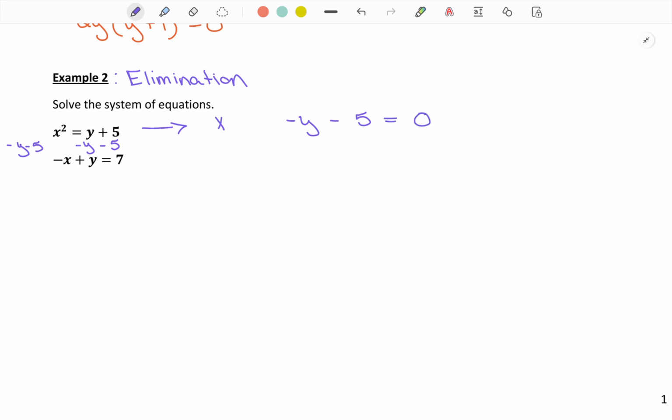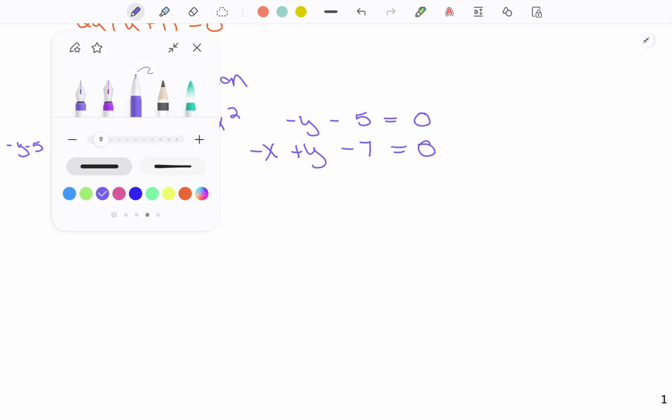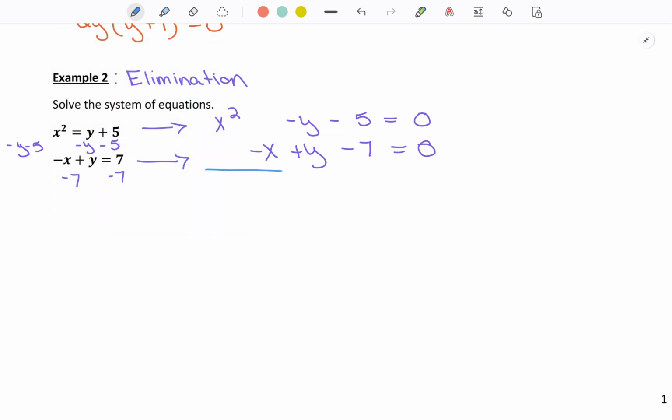Now I do need to leave a little bit of room because we do have a linear term on the second equation that we're going to need to line up. So we're going to subtract 7 on each side over here. So we're going to have a negative x plus y minus 7 equals 0. And then we are going to add those together. So we have nothing to add to x squared or our negative x. Our y's will cancel. And then we will have a negative 12 equals 0.